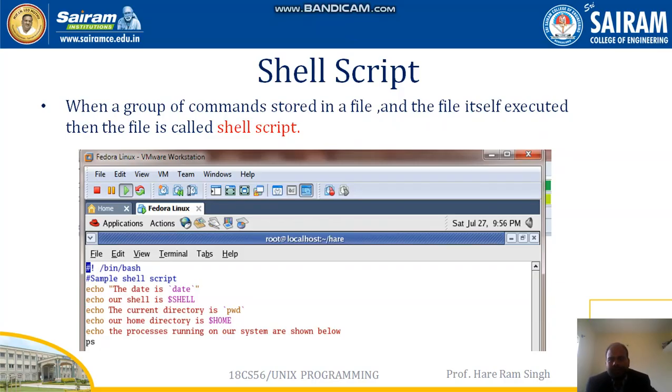Dear students, here we are going to continue the second module with a new chapter called shell script. So what is a shell script? When a group of commands is stored in a file and the file itself is executed, then the file is called a shell script.